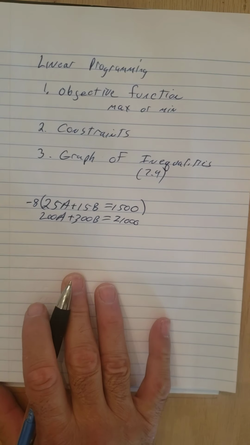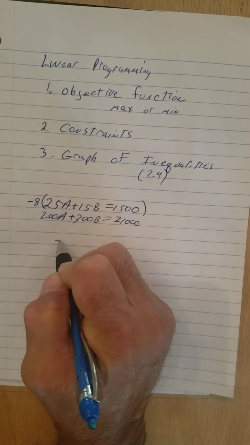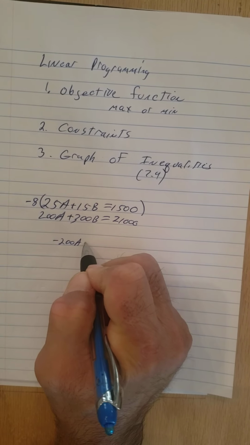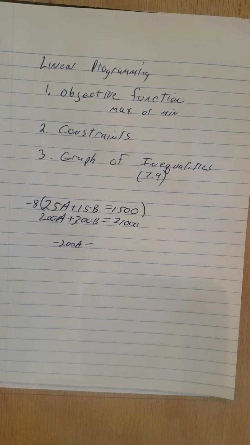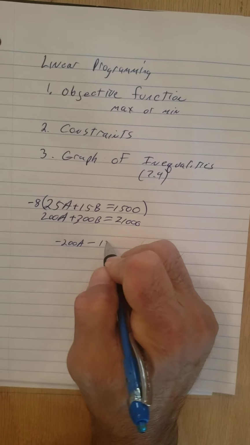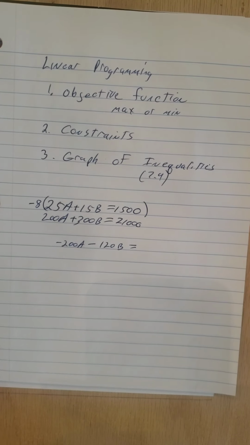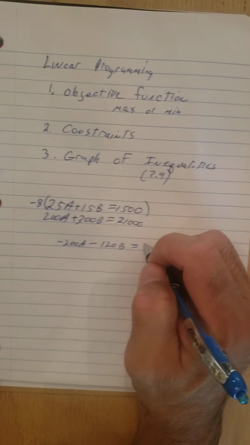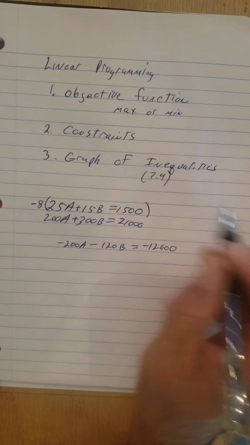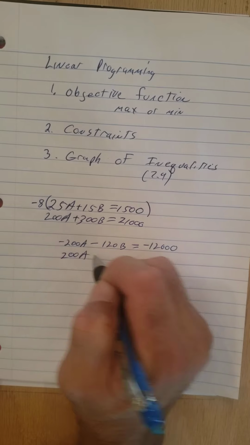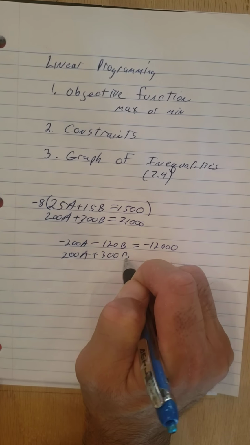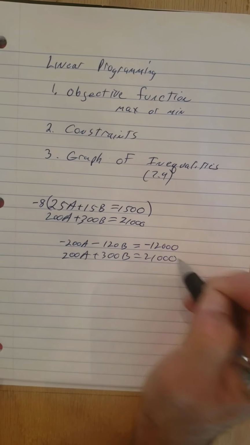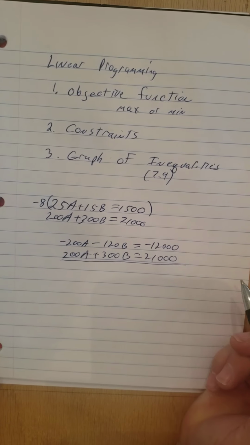Slide this over a little bit. So I get -200A minus 15 times 8 is 120B, and 8 times 1500 is -12,000. I'm going to rewrite this second equation, and then I'm going to add these together.